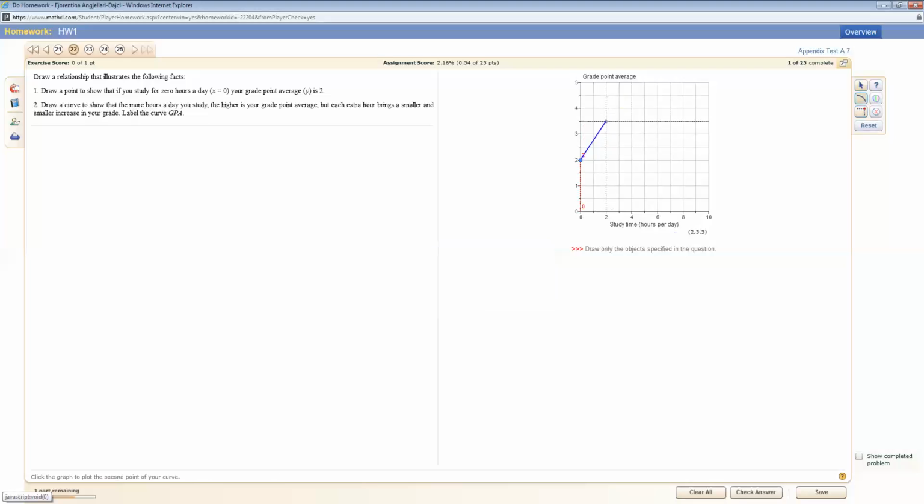So something like this. And so you're going to want to drop your second point right here. And then when you continue to show your curve as being less steep, you do want to stretch it maybe up to this point.